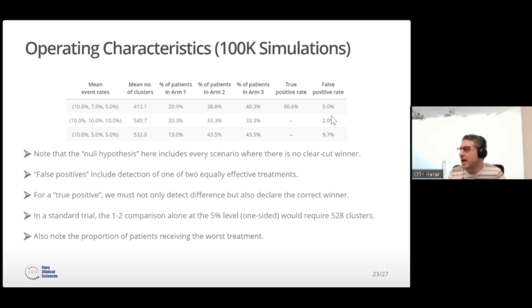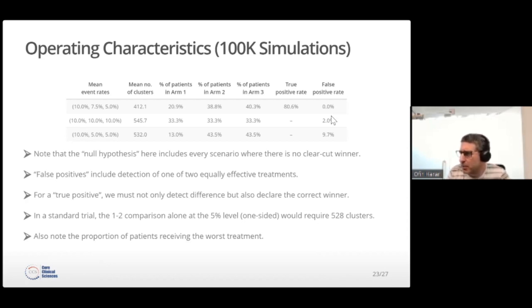I still have 80.6% power, if you will, of identifying the correct best treatment. And the average number of clusters that I use in this case is 412, as opposed to 528 clusters that would be required only to compare arm 1 and arm 2, in this case if I was using the standard testing.